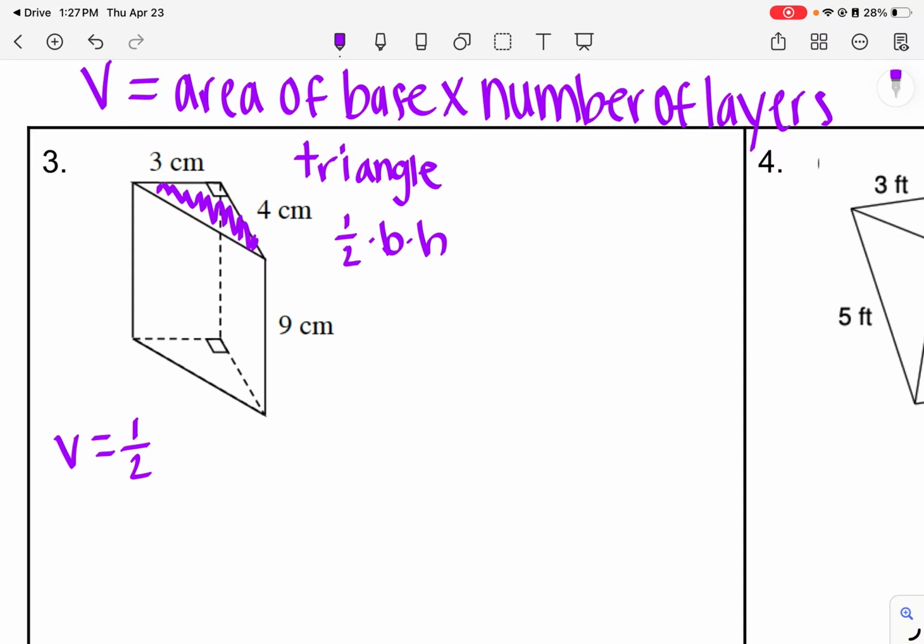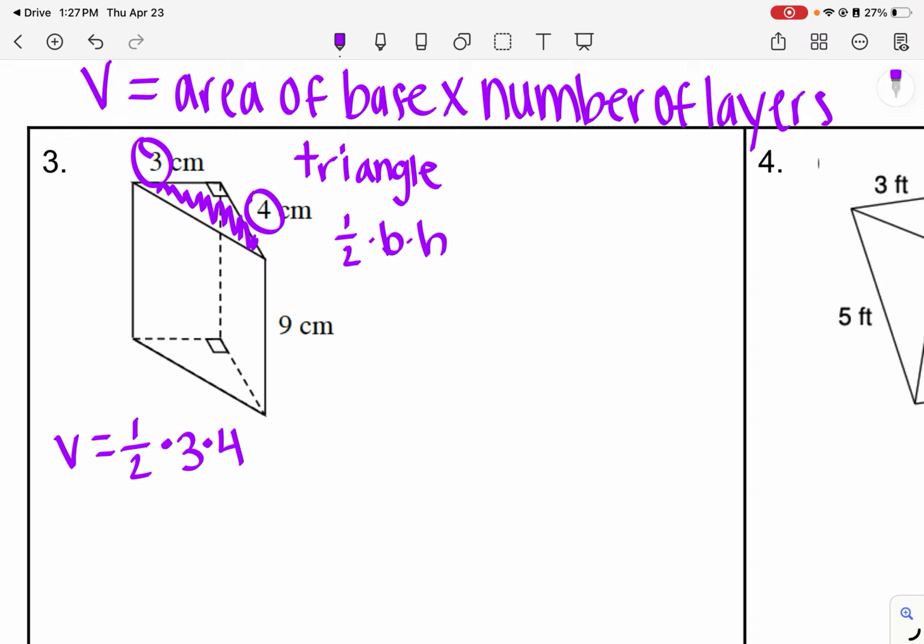So to find the area of the base, I'm going to do 1/2 times the base of the base, which is 3 from right here, and then times the height of the base, which is 4. And note that, technically, the number of layers is the height of the shape, but if I say that, it does conflict and get a little confusing with the height of the base too, because of the height of the prism and the height of the base. So it's all kind of sounding the same, so finding ways to separate it is useful.